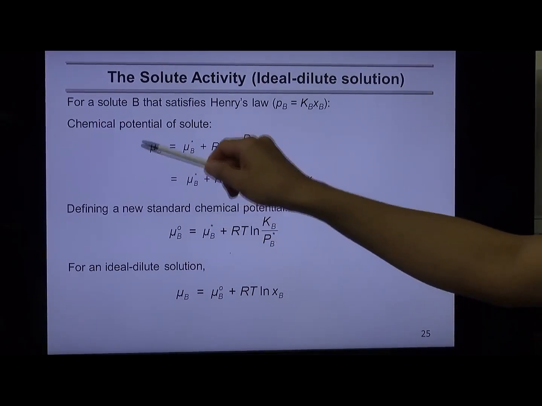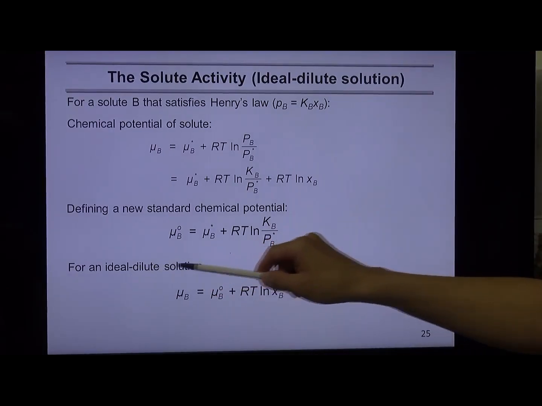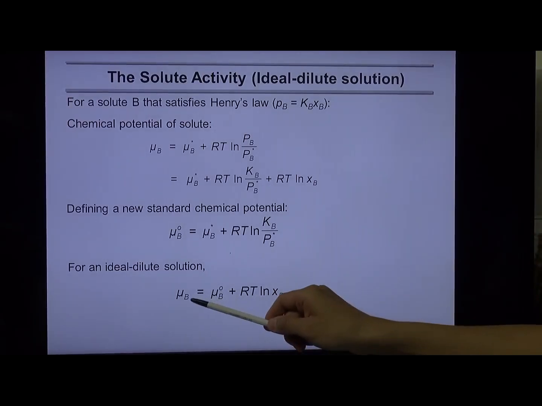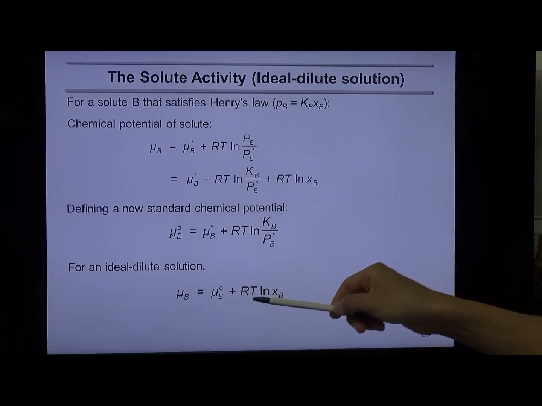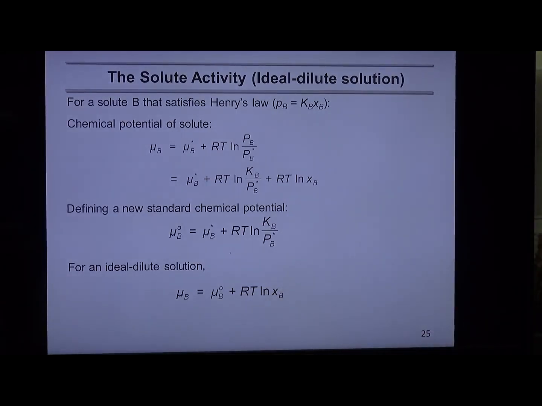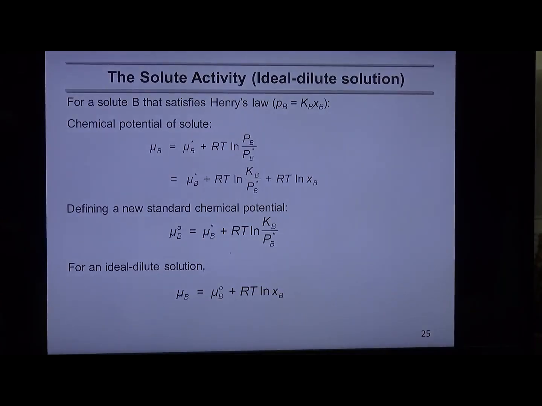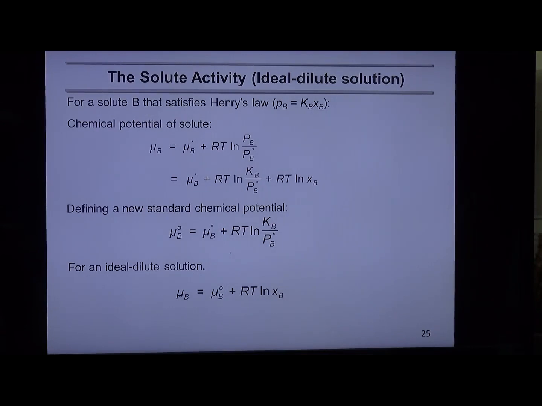Then this mu B can be represented as mu B naught plus RT ln XB. So for an ideal dilute solution, we have this expression to describe the behavior of the solute: mu B is equal to mu B naught plus RT ln XB. A very simple equation, which pretty much looks like Raoult's law. The difference is between mu B star and mu B naught. So this equation represents the ideal dilute solution.